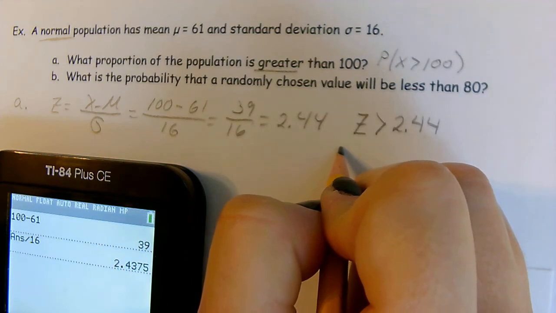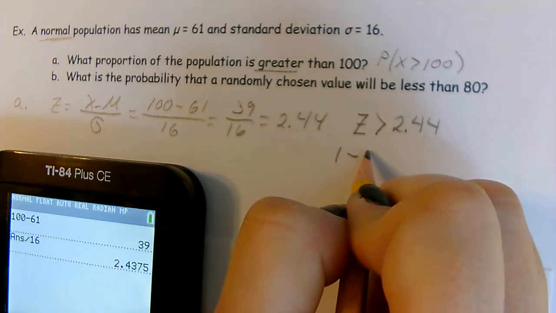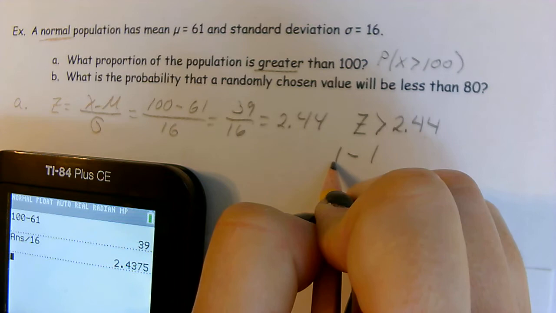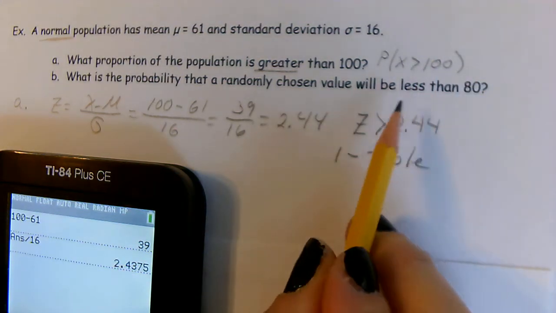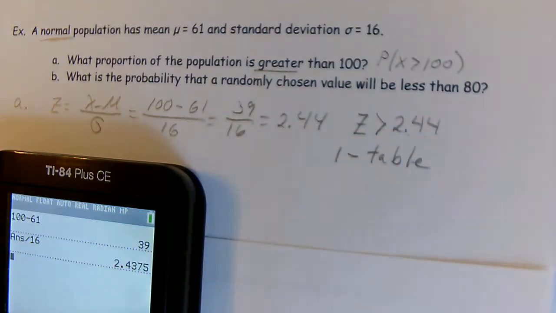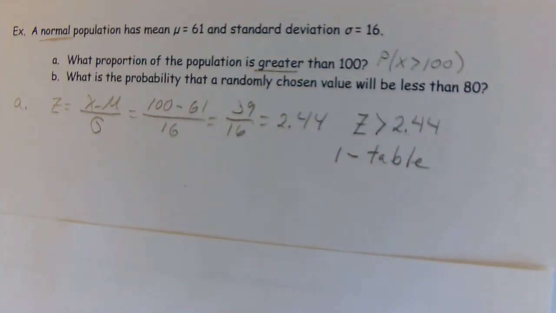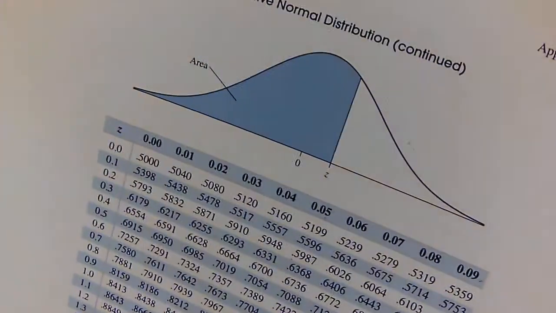So to get that, I need to do the whole distribution minus the table reading at 2.44 because I want to the right of. So I'm on a positive z-value.